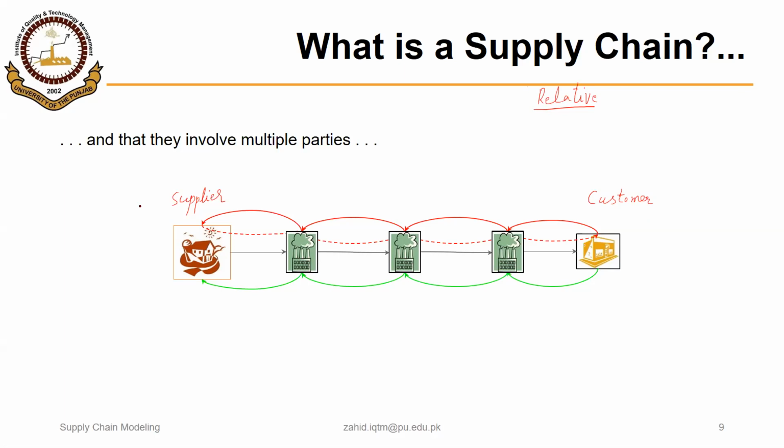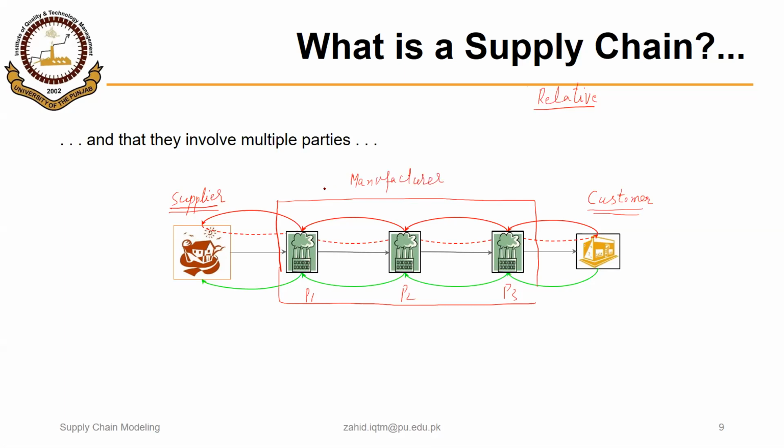For example, this supplier is the supplier for this first process. These are actually the three processes being performed within the organization. We call them P1, P2, and P3. So on the left side there is the supplier, on the right side there is the customer, and this is our producer or manufacturer.